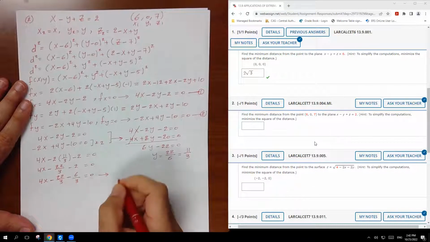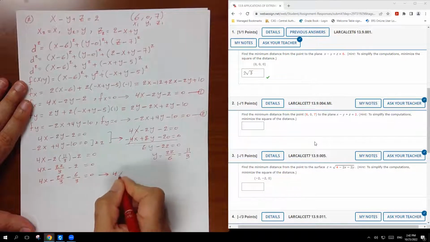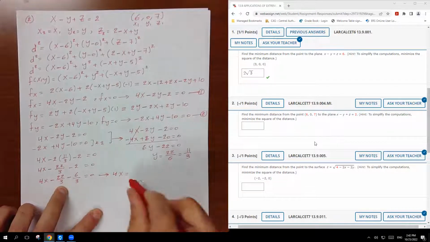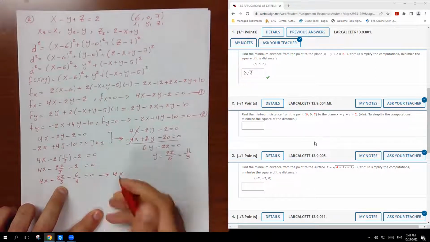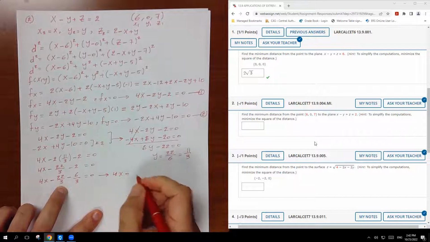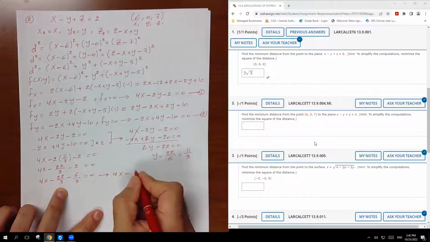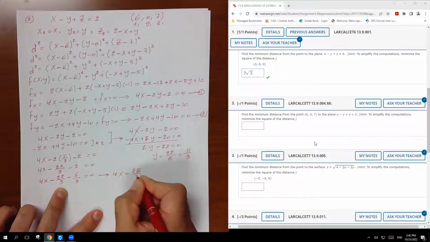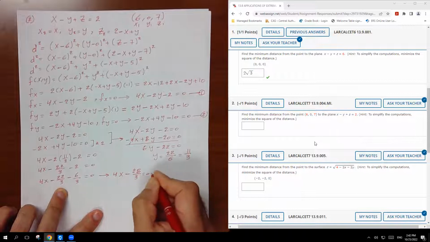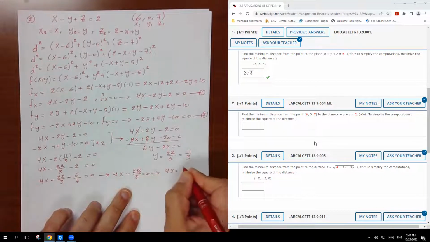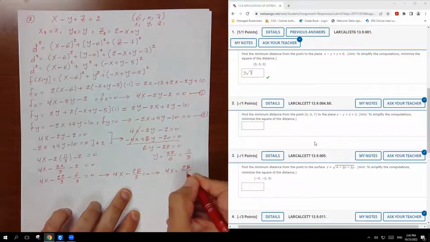That means 4x is going to be equal to, just what I'm going to say, minus 28 over 3 equals 0. And this one is going to be 4x equals 28 over 3.